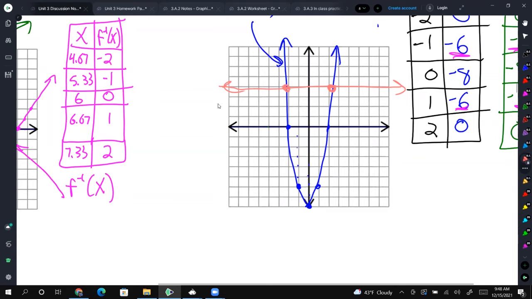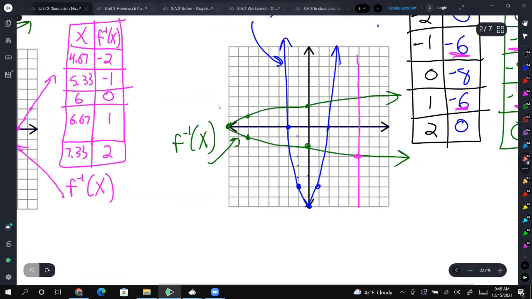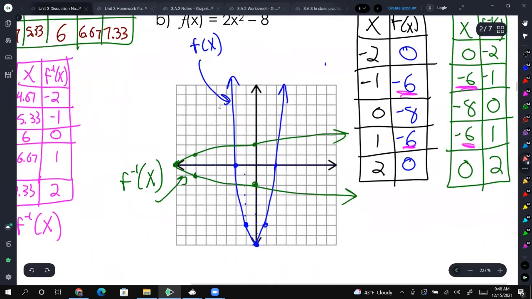The horizontal line test tells you if the inverse would be a function. You still look to see if you touch more than once, but depending on what you're being asked to do, you'll do the vertical or horizontal line test. And we verified that yesterday using our table. We saw we had repeated x values in our inverse table, so that means the inverse would not be a function.